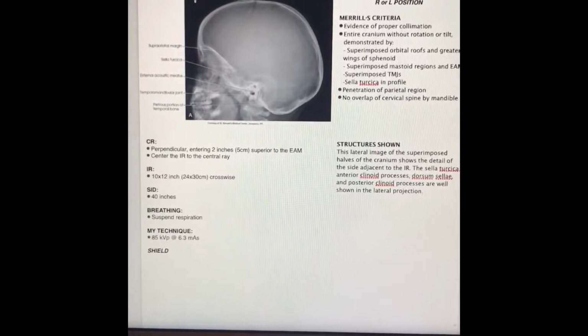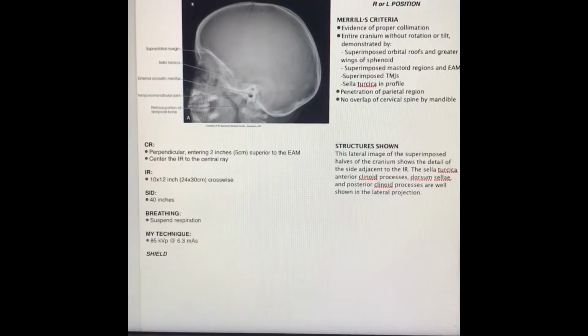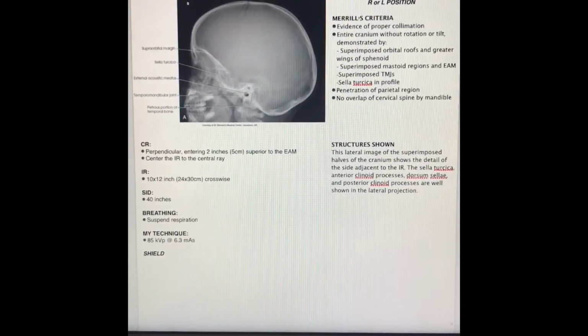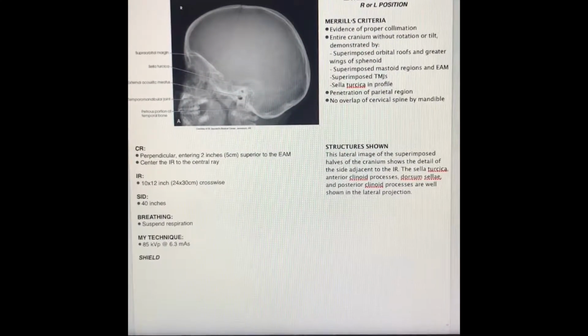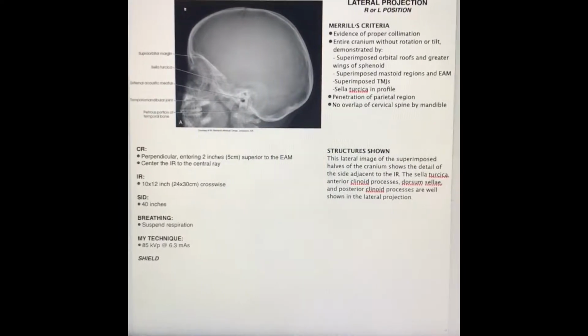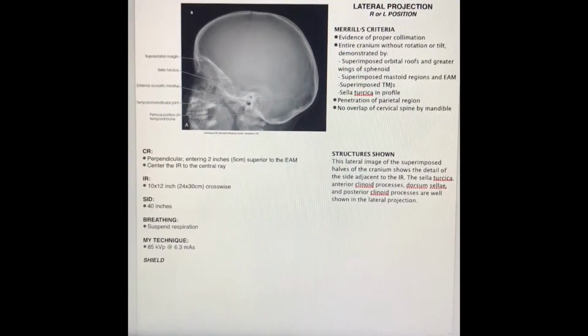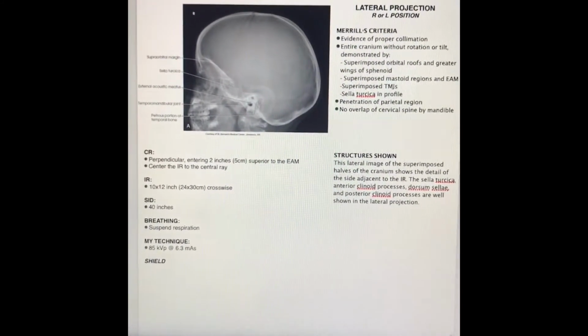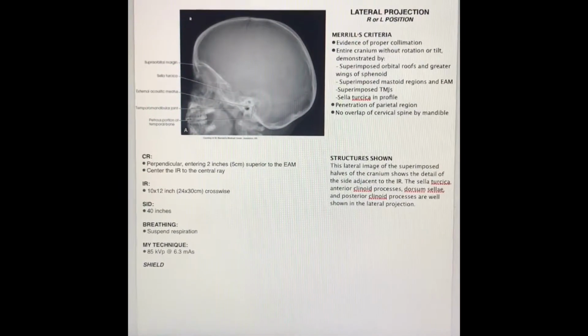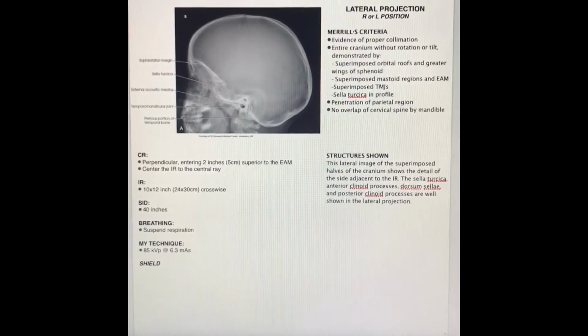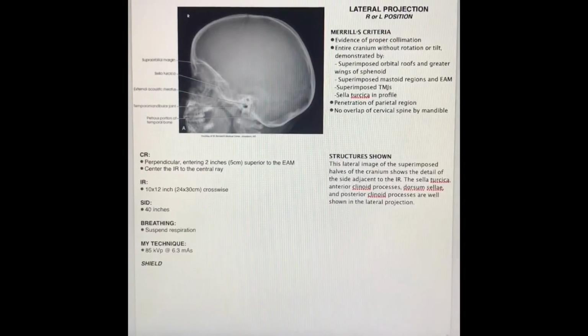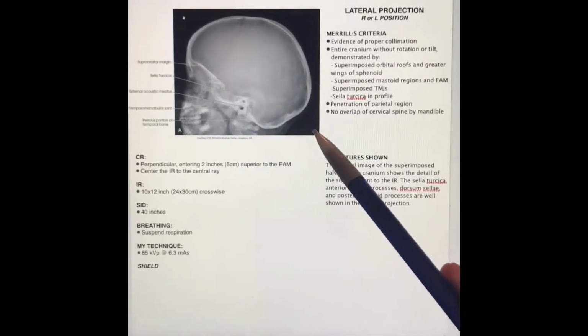This image is a lateral projection, a right or left position. This is a right position. For my trigger, I did left position. Merrill's criteria for this projection is evidence of proper collimation, and we have that on this image.